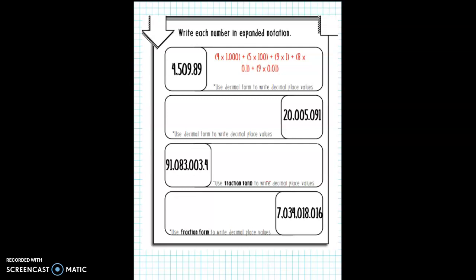20,005 and 91 thousandths would be 2 times 10,000, 5 times 1, 9 times 100th, and 1 times 1,000th. Notice the addition sign is written in between each problem.